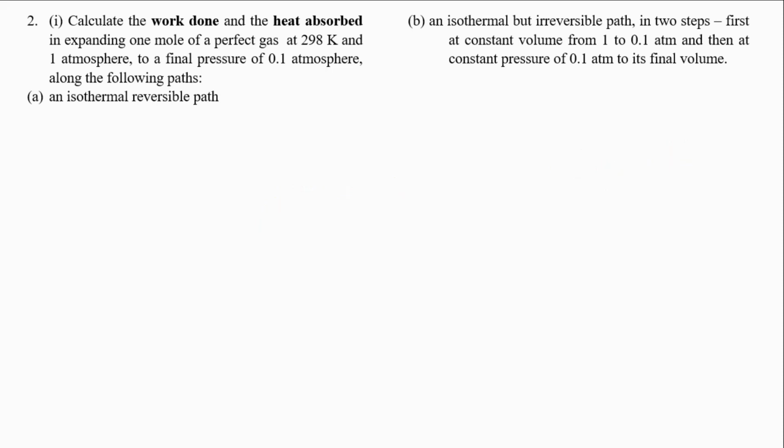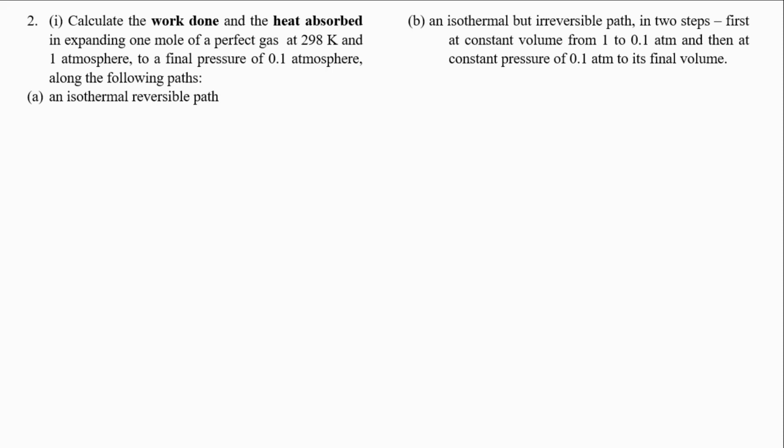It says, calculate the work done and the heat absorbed in expanding 1 mole of a perfect gas at 298 Kelvin and 1 atmosphere to a final pressure of 0.1 atmosphere along the following pathways. A is an isothermal reversible pathway or process.